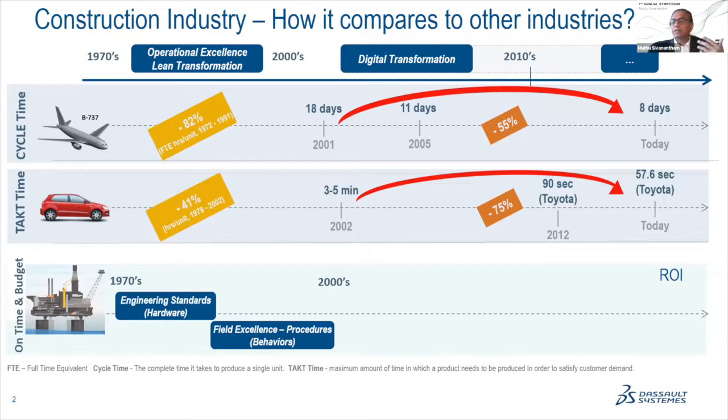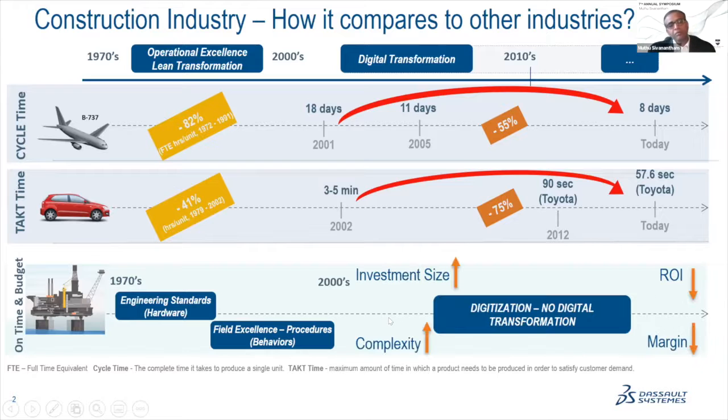And looking at our capital intensive industry, construction specifically, we applied similar routes. We tried operational excellence and lean transformation. We relied heavily on engineering innovation from a hardware perspective.